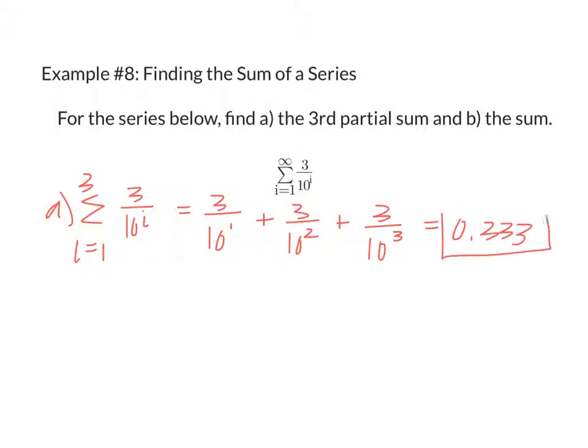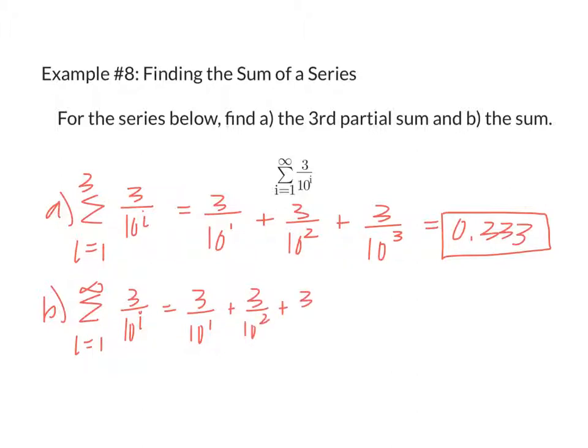as your answer. On the second one, however, because it's just a sum, if they ask you for the sum, then they are actually saying it as an infinite series. It would be the sum from i equals 1 to infinity of 3 over 10 to the i power. And so that would be, starting out, 3 over 10 to the first plus 3 over 10 to the second plus 3 over 10 to the third plus, just continuing on.